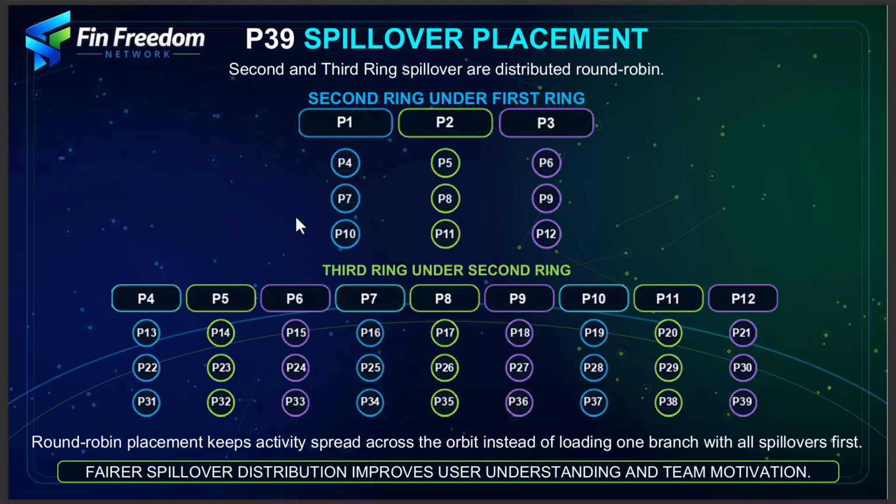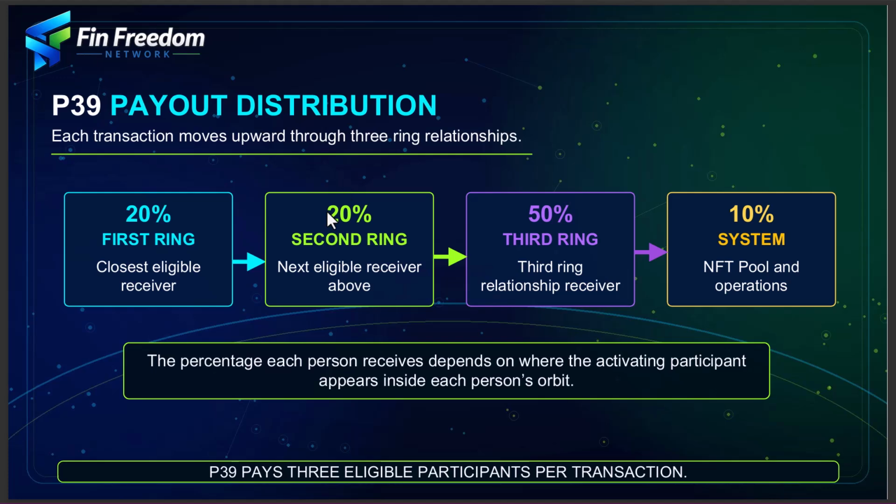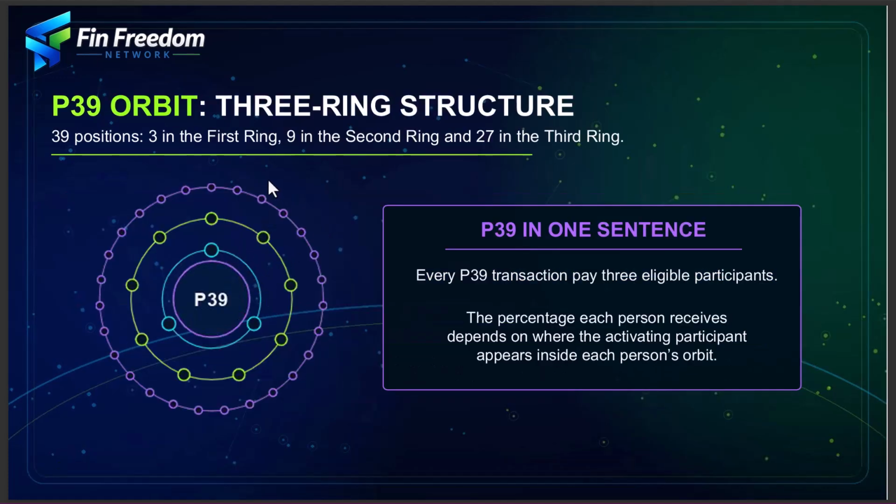Just understand that when there is someone on my position, if I have a structure that has this P39, for instance, level 3 has P39 orbits. Level 3 is $40, for instance.